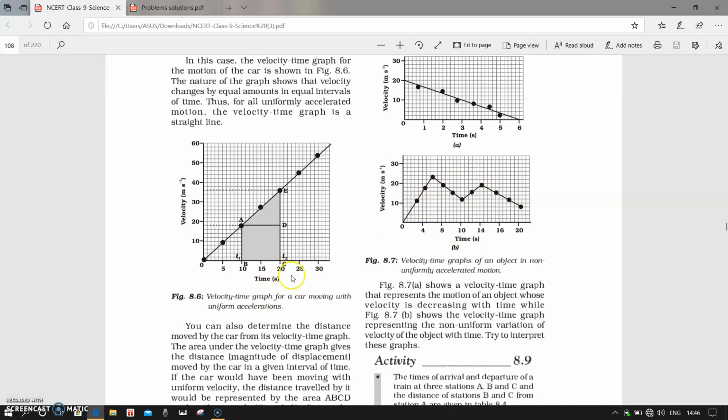Uniformly accelerated and uniformly decelerated motion always give a straight line, but for non-uniformly accelerated motion it is never the same graph. Different conditions and different data will give us a different graph.